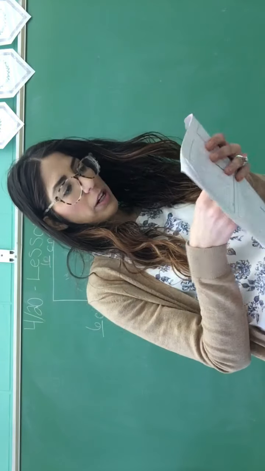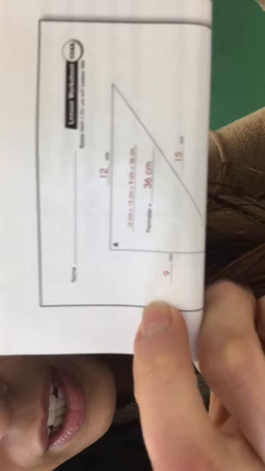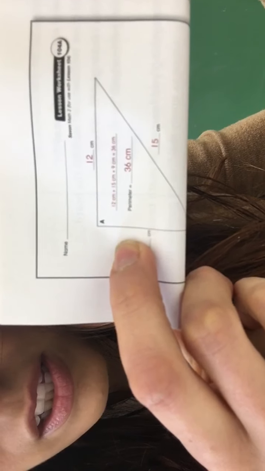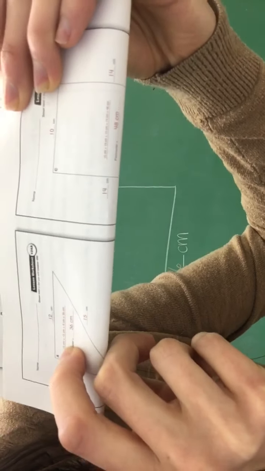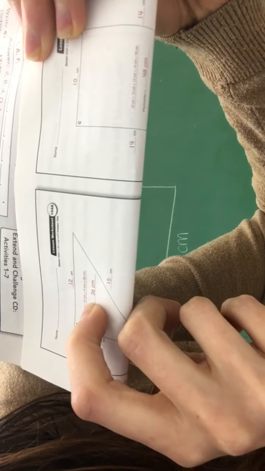So I think we'll do A together. Just trying to make sure that I don't show you the other answers there. Okay. So for A, if you look at that there, they measured 9 centimeters, then this one was 12, and this one was 15, actually.